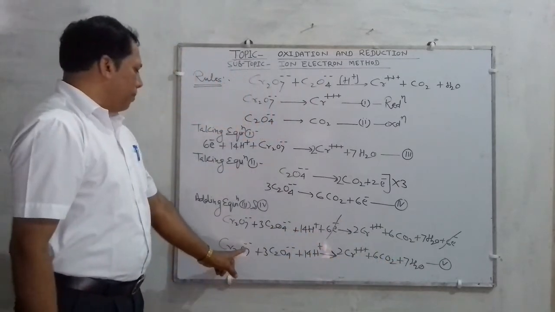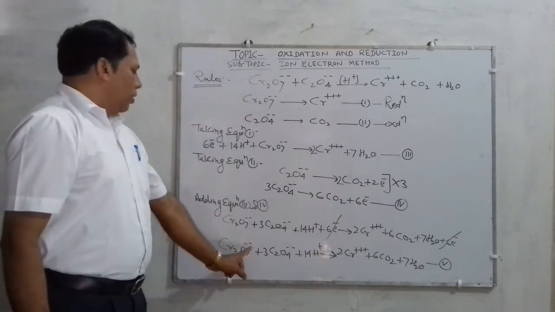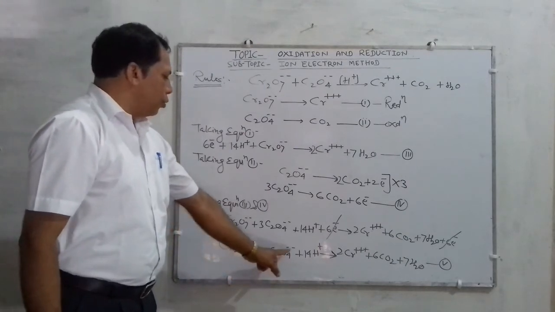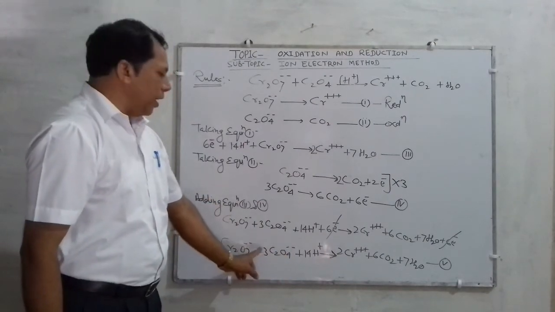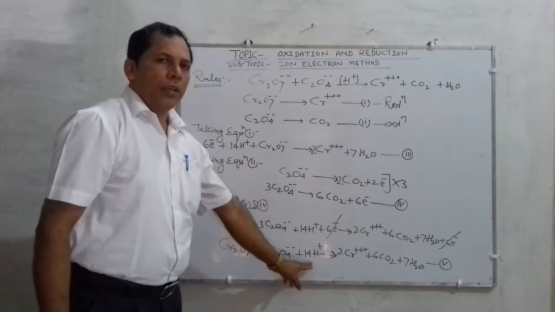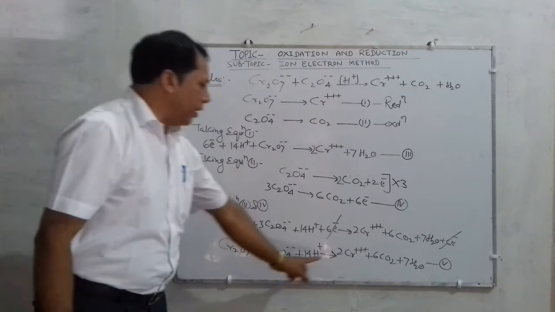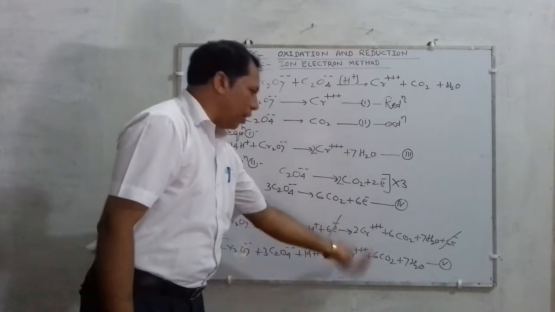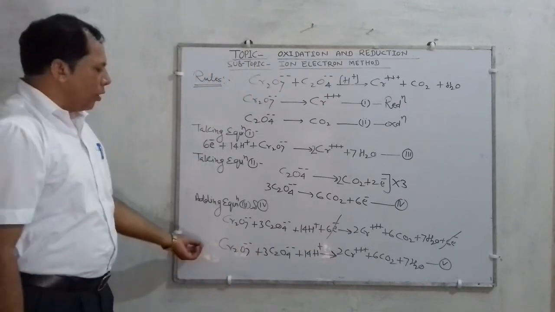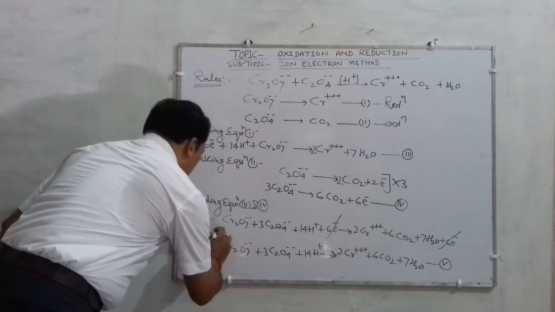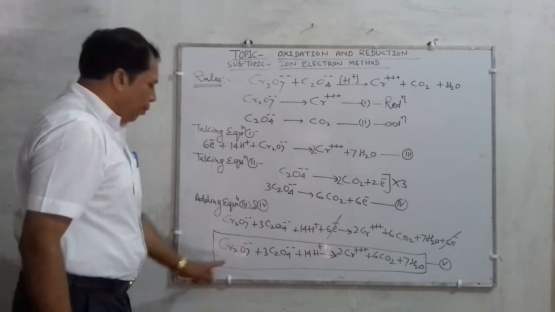Now come to charges. Carbon is also valence 6 carbon. There is 2 minus here, and 3 into minus 2 is minus 6 and minus 2, minus 8, and minus 8 deduct 14, so plus 6 charges on the reactant side, and here 2Cr plus 3 gives plus 6 charges also on the product side. So all the atoms including charges are equal in reactants and products.